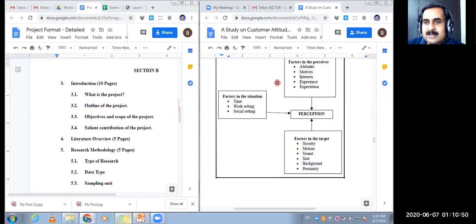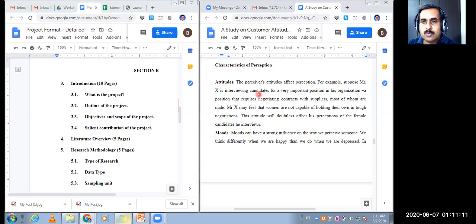And these are the responsible factors which are also going to be influenced by 7 P's: product related attribute, price related attribute, place related attribute, promotional related attribute, people related attribute, then process related attribute, and ultimately physical evidence related attributes. So I'm going to discuss all those, like characteristics of the perceiver.